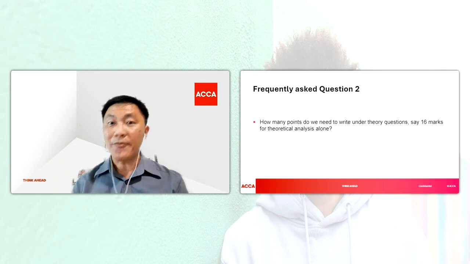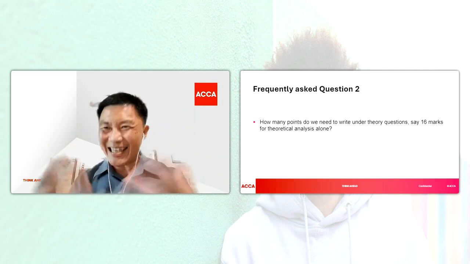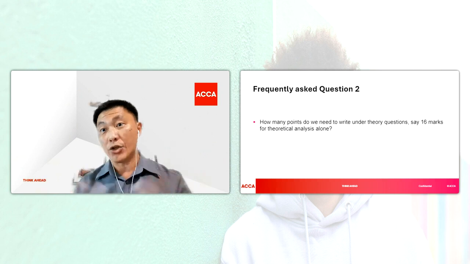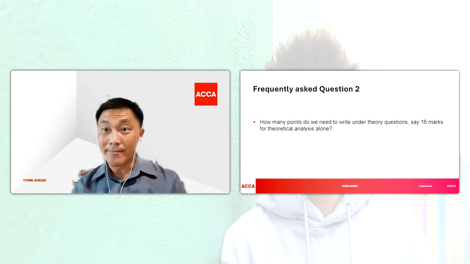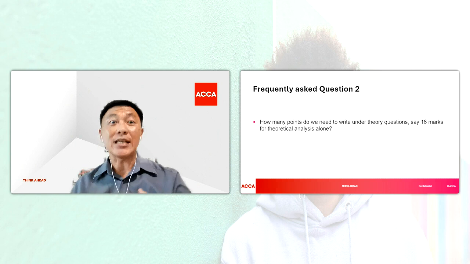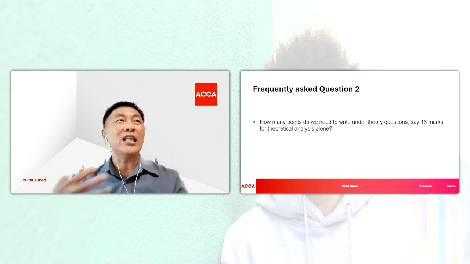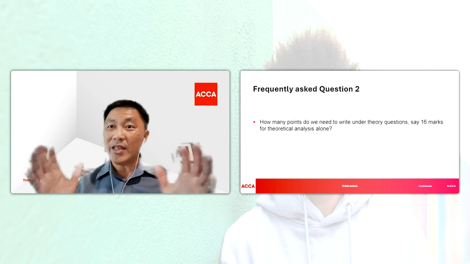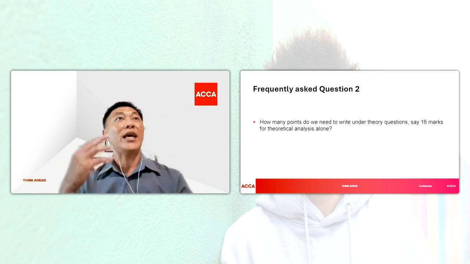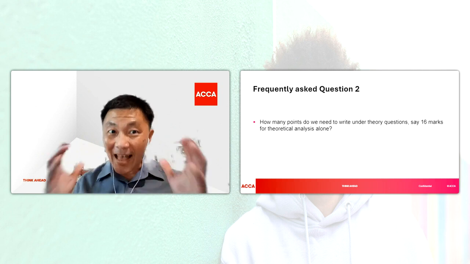If you ask, should we go for 16 paragraphs? Ideally, you should, ideally. But is it practical? Is it doable? If it is a bit too unrealistic, if it is overly ambitious, can we do something that is within our reach and yet still be able to achieve our passing? That is what we're trying to say.